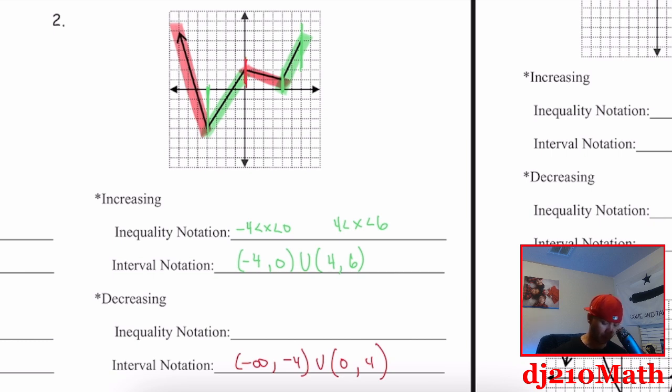Okay, for the inequality, here's where we say x is less than -4. Now, even though we're coming from -infinity, there is no need to write this. That's unnecessary, because it's implied that if x is smaller than -4, if x is to the left of -4, it's all the numbers, all the way to infinity.